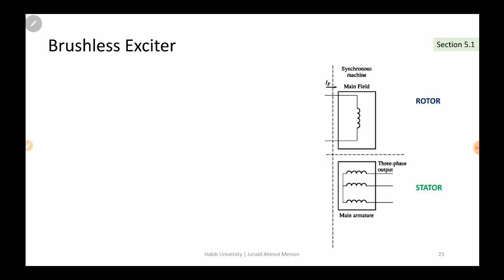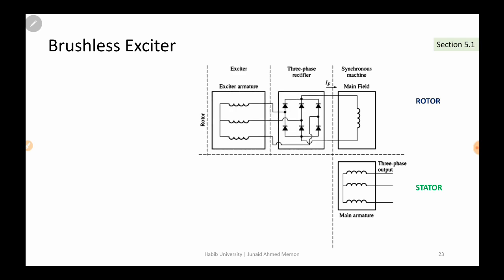The DC voltage is directly supplied to the rotor field windings.